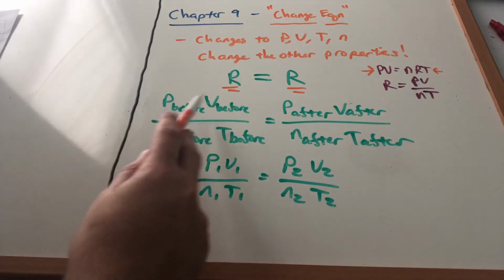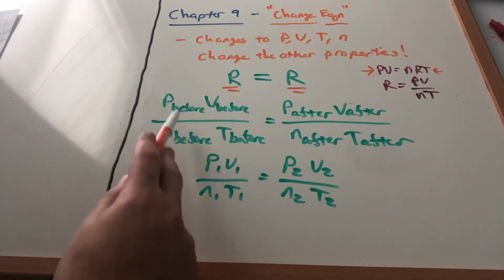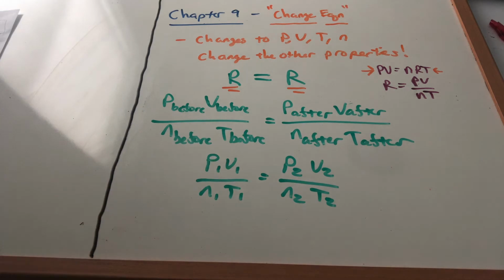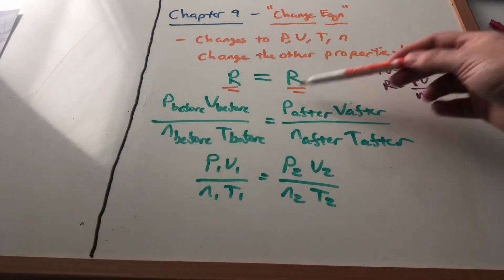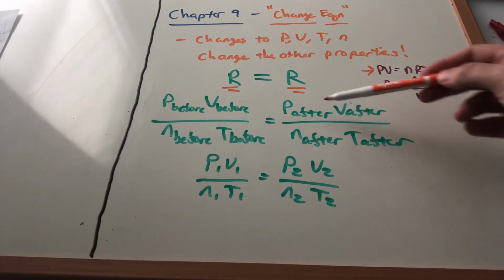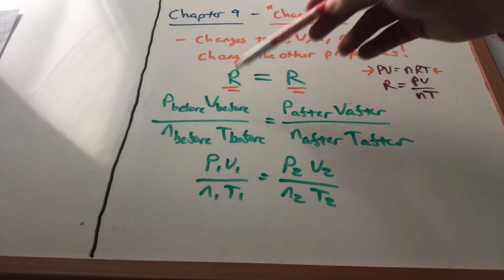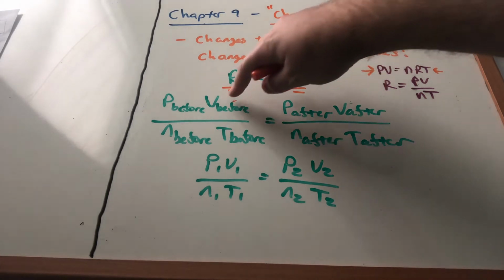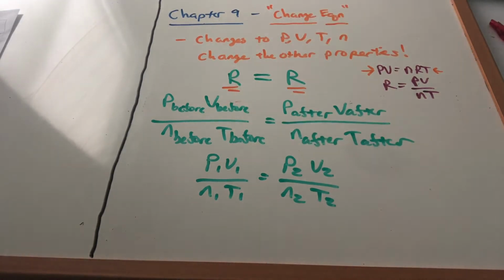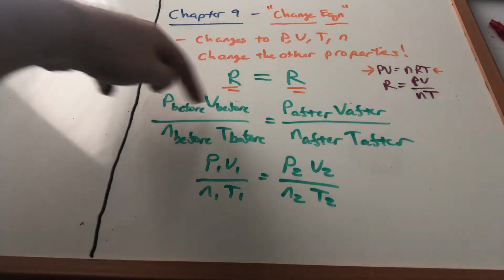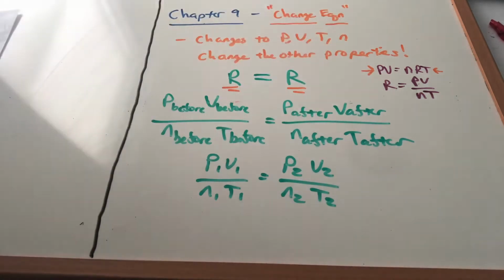So PV over NT before the change is equal to PV over NT after the change, right? So if I'm making a compression, a change in volume, or I'm changing the pressure, or I'm changing the temperature, while keeping some things constant, sometimes not, then I can set PV over NT equal to PV over NT.